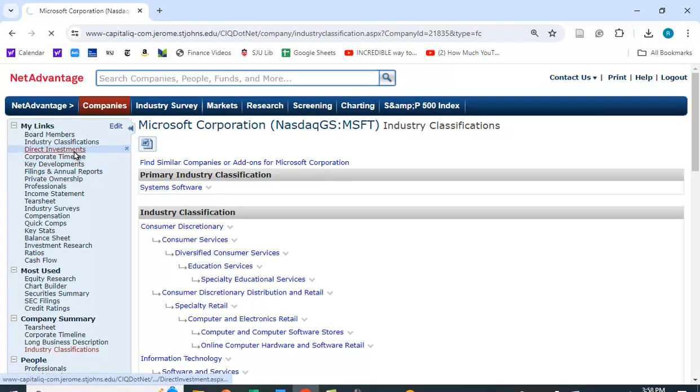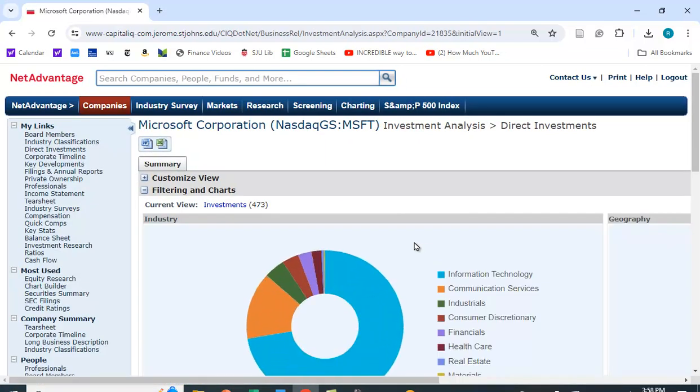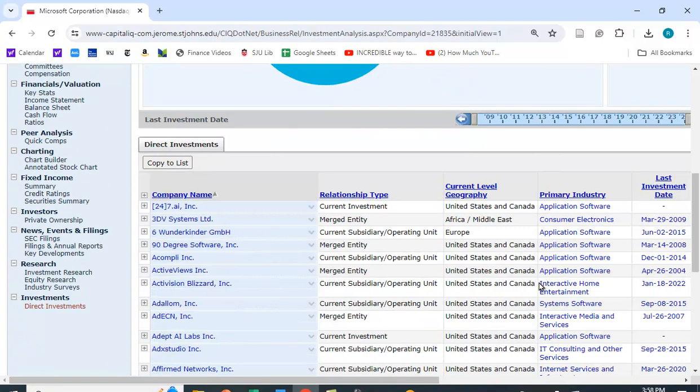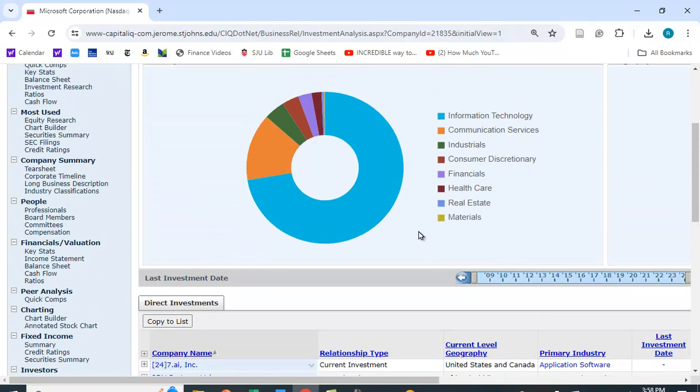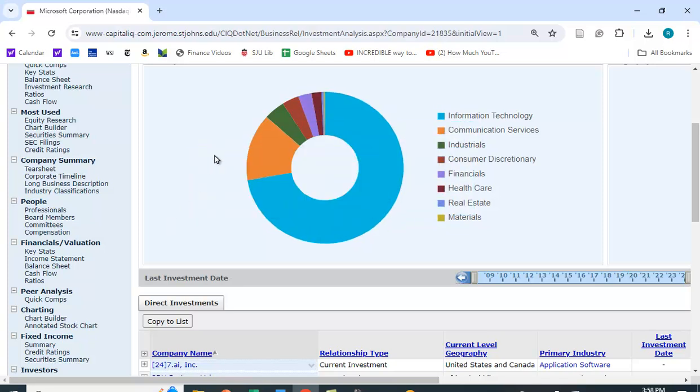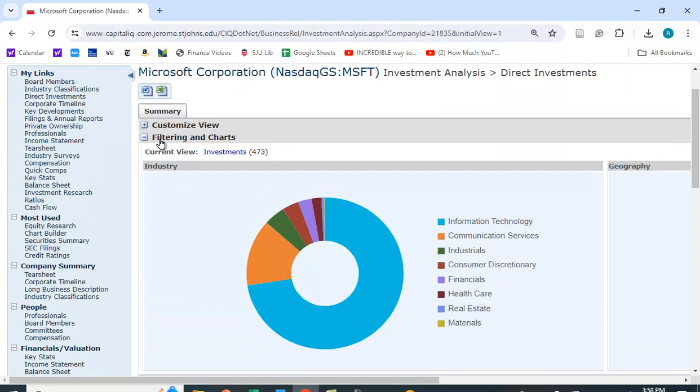Direct investments, so companies that Microsoft has invested in. And you can see that mostly they're in information technology, some communications, some industrials, etc.